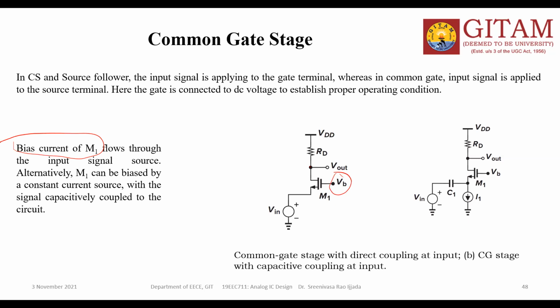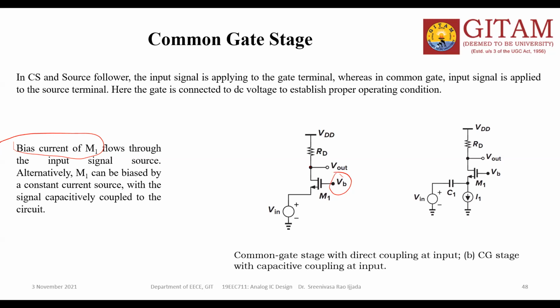What is the importance of the bias current? To fix the operating point. Otherwise, the MOSFET will operate in some other region of operation. So you must be aware of which region of operation your transistor should be in.